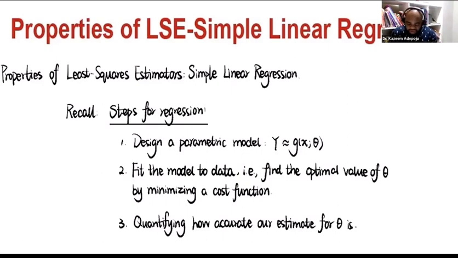And of course, step number three is, after deriving my beta naught and my beta one, the estimators for them, how am I so sure that they're actually going to give a reasonable value? That was why I said we should have a way to quantify how accurate our estimate for theta is.